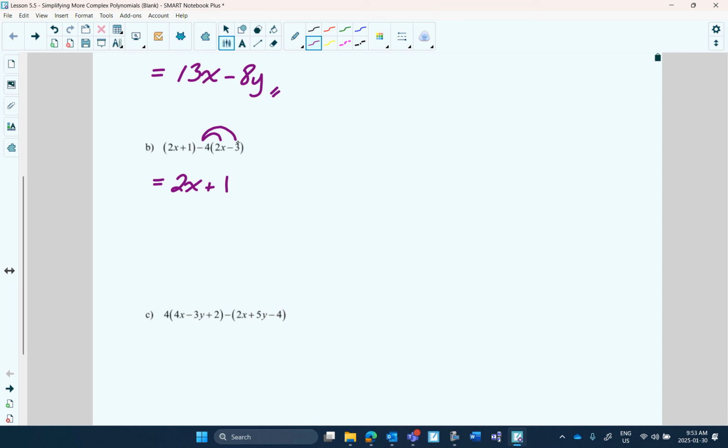So what's -4 times 2x? -8x. And what's -4 times -3? Positive 12. Parentheses gone. Collect like terms. I've got x's. Right. Excellent.